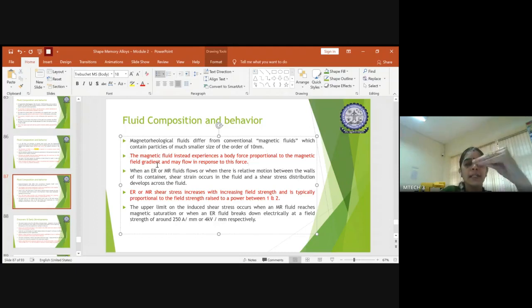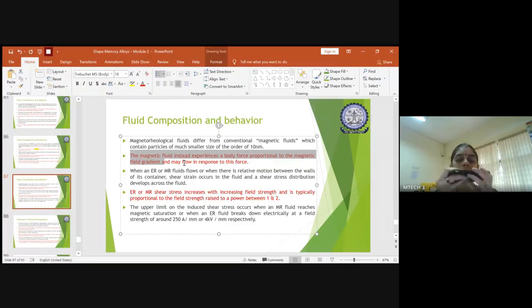Now we are putting one point related to the magnetic field, because until now we studied magnetorheological fluid. In case of magnetic fluids, wherein the particle size is 10 nanometer, the magnetic fluid instead experiences a body force proportional to the magnetic field gradient.